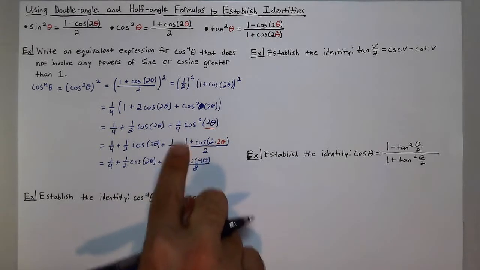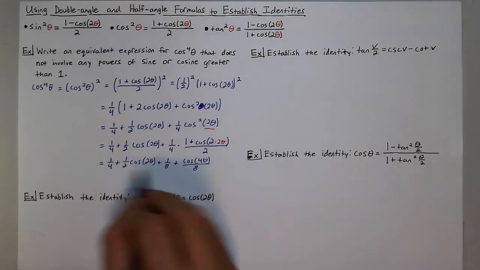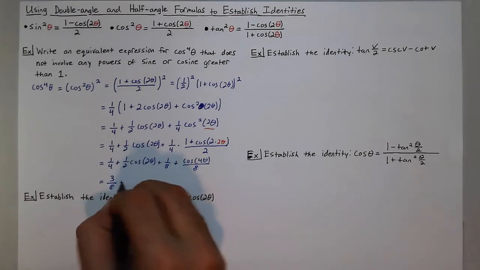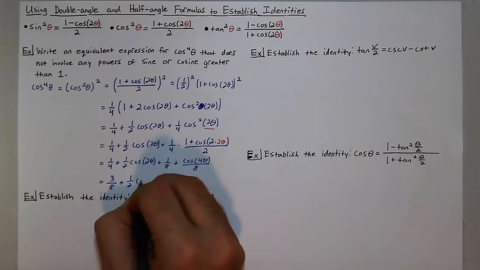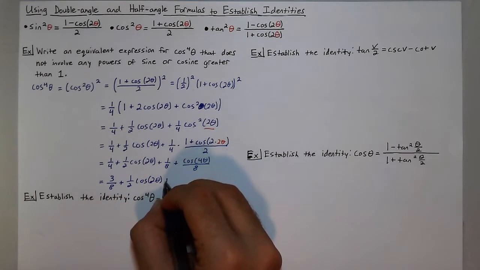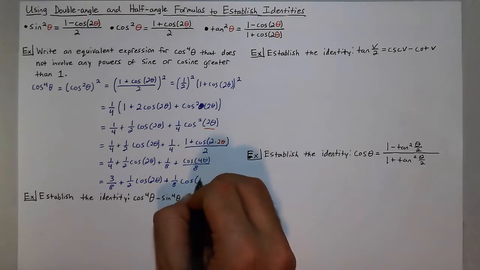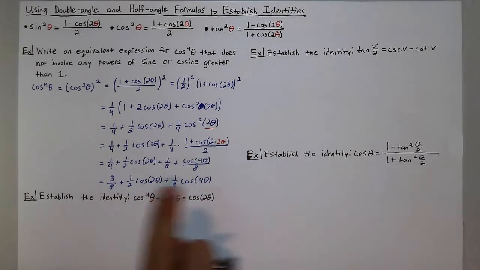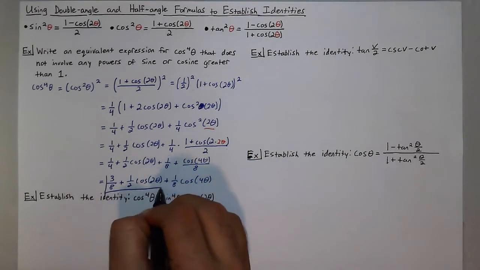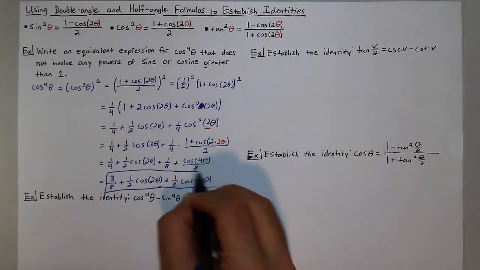I just thought of it as 1/2 and then cosine over 2. And now I can do 1/4 plus 1/8, giving me 3/8, plus 1/2 cosine of 2 theta, and then plus a final 1/8 of cosine of 4 theta. And now we have no more powers for sine or cosine, so this expression has reduced the power down to 1. That's a big reason why they call those power reducing formulas.